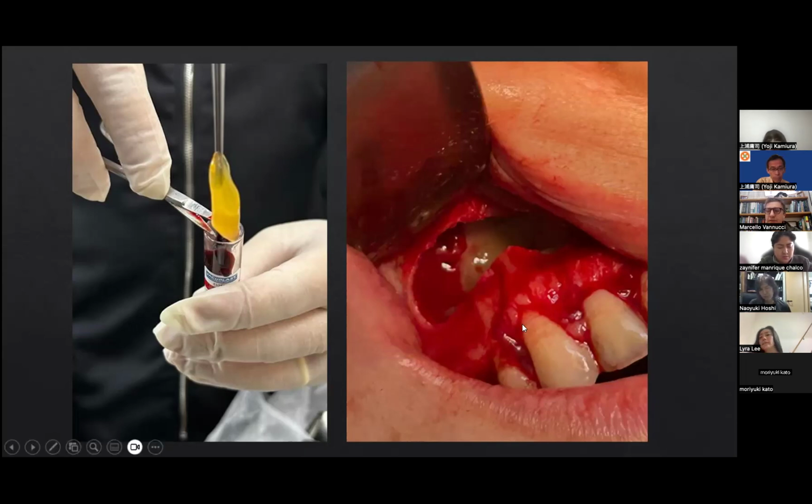So if you remove this tooth first, you have to wait for wound healing. So you have many problems, aesthetic problems, prosthetic problems. So we decided to be conservative and maintain this tooth.